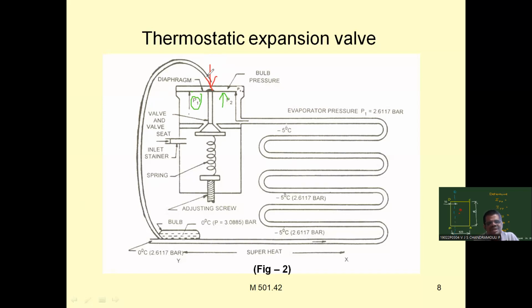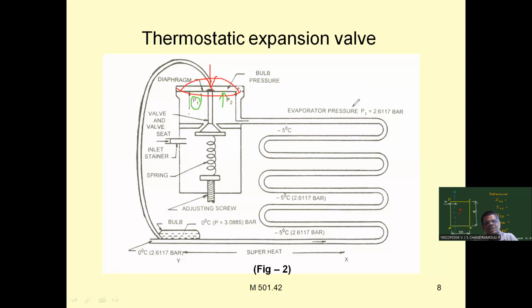When this upward pressure is greater than these two pressures, the diaphragm is bent like this, and the valve is open, so that more fluid enters. And under low load conditions, the sum of these two pressures will be higher than this one. In such cases, the diaphragm may bend like this, so that it completely closes the valve.